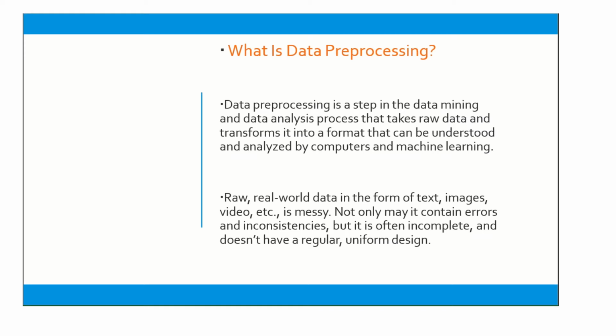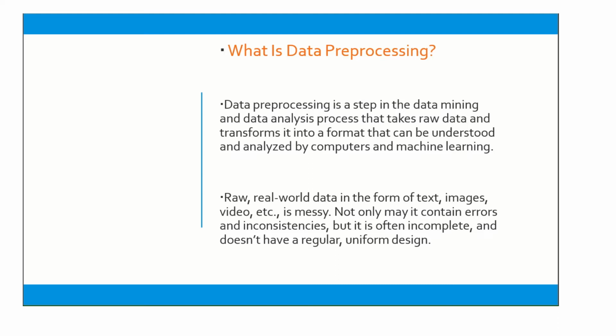Data pre-processing is nothing but taking data from different sources which contain noisy or erroneous data, and formatting it into an understandable form which helps computers analyze the data and is used for machine learning.